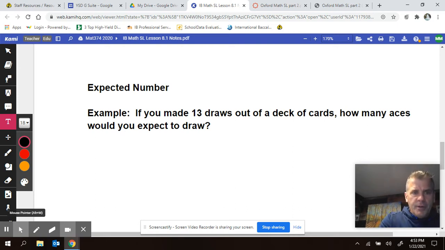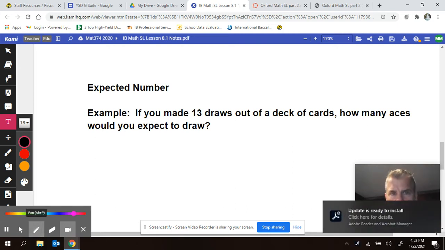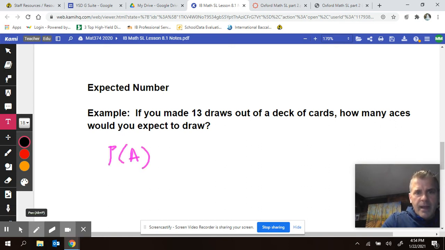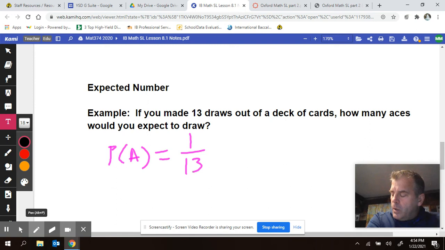So in order for you to calculate your expected numbers here, if you made 13 draws out of the deck, how many aces would you expect to draw? Well, what's the probability of drawing an ace? We just calculated that. That was 1/13th. And then it says, what's the number of times you did that?